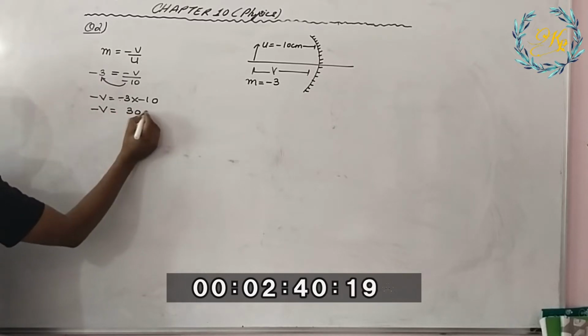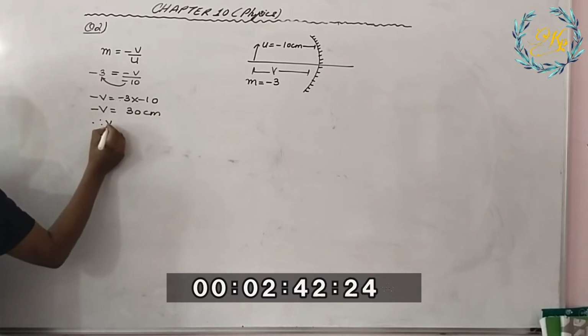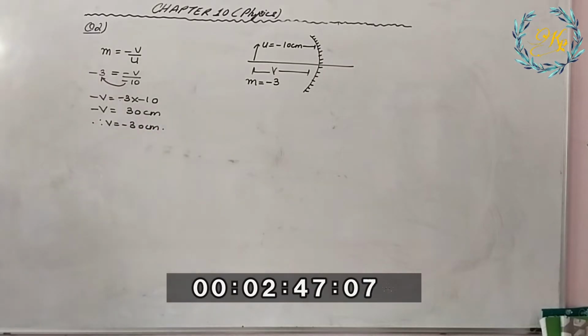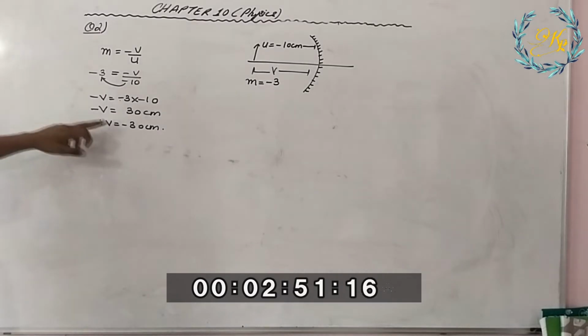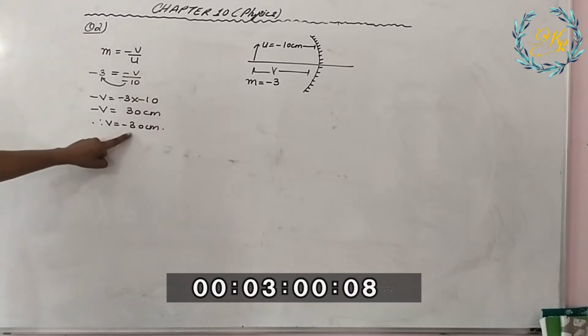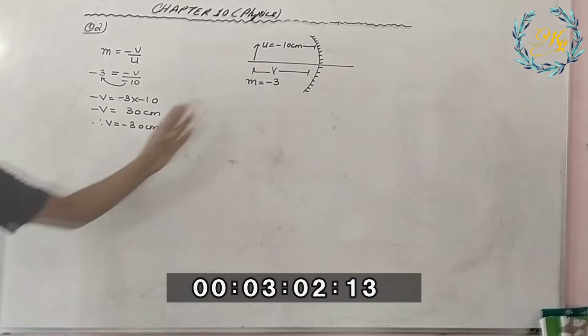You get -v is equal to 30 centimeter. Therefore v is equal to -30 centimeter. It means that the image is real because it has a negative sign. It is in the downward direction, perpendicular to the principal axis. It is located at a distance of 30 centimeter in front of the mirror.